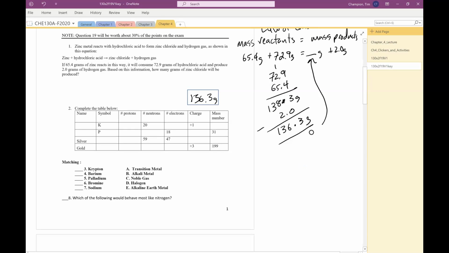All right, so we've got a table here where you're going to go in and figure out protons, neutrons, electrons, charge, mass number, and name. And again, this is in a situation where you didn't have access to Google, which is unfortunately a big advantage. The name of K is potassium, and P is phosphorus.